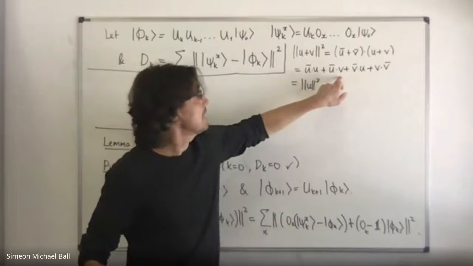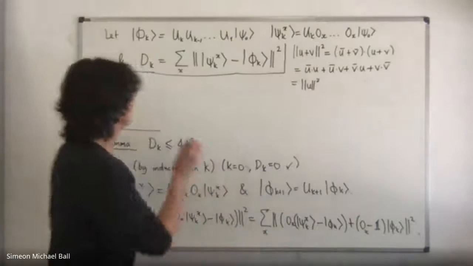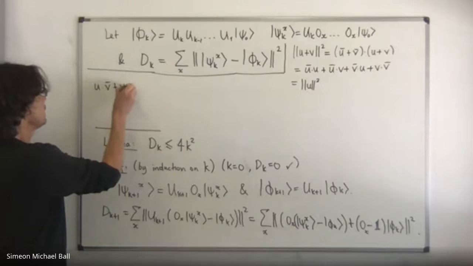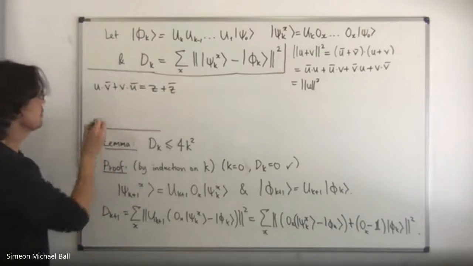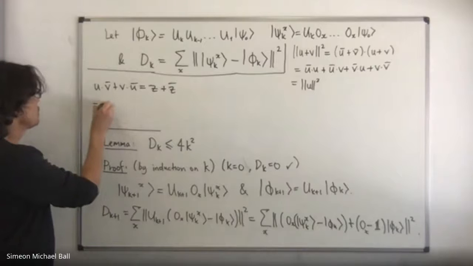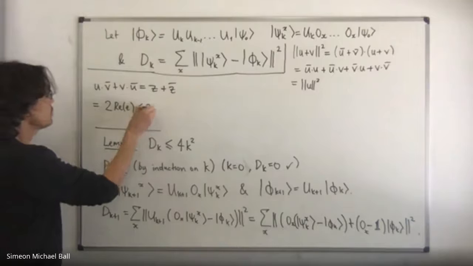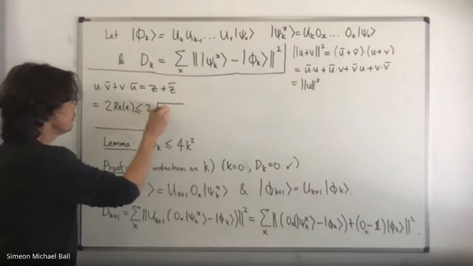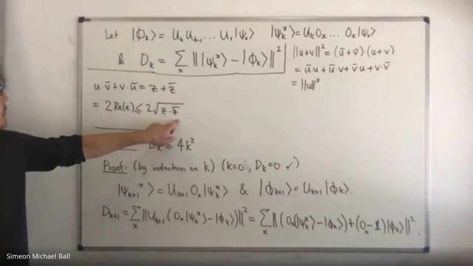When I add up z plus z conjugate, I get twice the real part. This is z plus z conjugate, which is twice the real part of z, and that will be less than or equal to twice the norm of z.